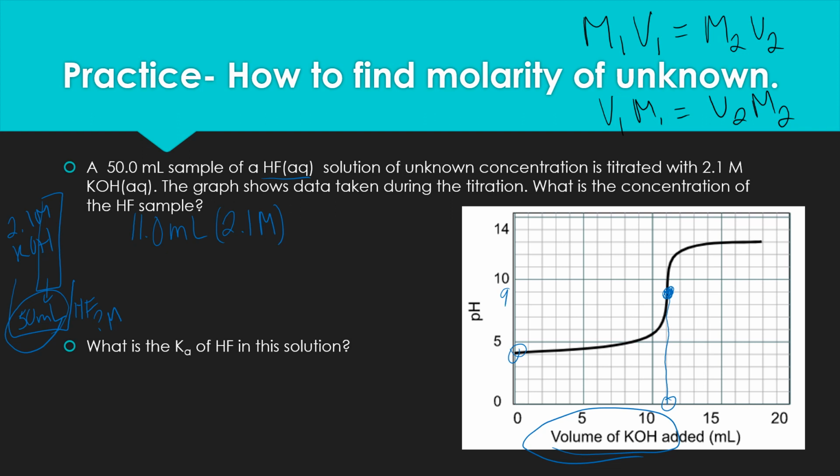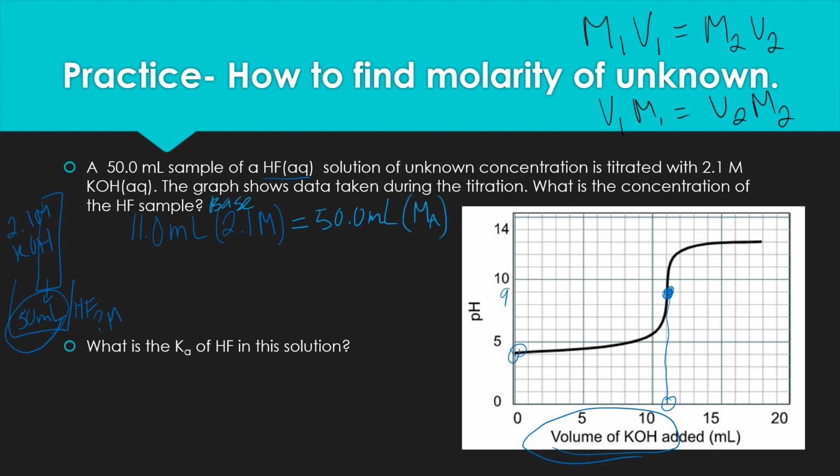So one side your acid, one side your base. If I've got 11.0 milliliters and 2.1 molar, that's of my base, and that's going to be equal to my volume times my molarity of my acid. So my volume of my acid is 50 milliliters, and I don't know the molarity of my acid.